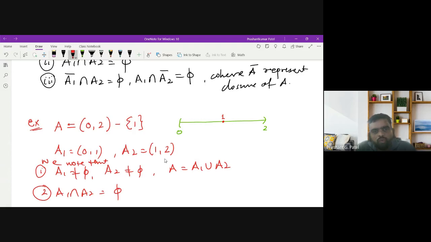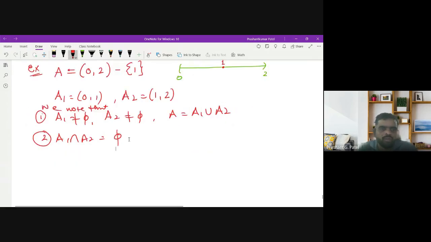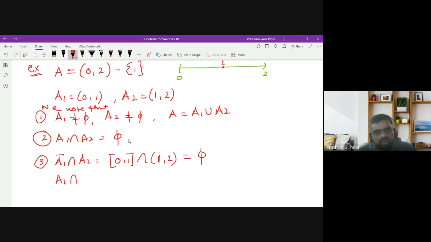The third one: the closure of A1, which is the closed interval [0, 1], intersection with the open interval (1, 2) is empty, and A1 intersection the closure of A2 is also the empty set. So it satisfies all three conditions.